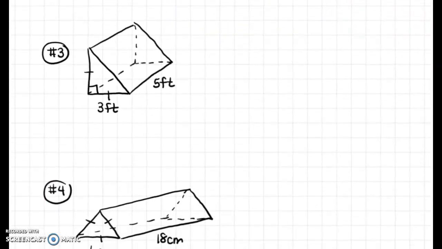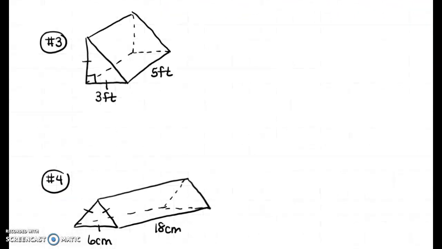All right, so here our prism looks a little bit different. Our bases are the parallel sides, so they are going to be our triangles. These two triangles look parallel. The other sides are not parallel. One nice thing about this picture is that this is an isosceles triangle, so this is also 3 feet because the markings tell me they are congruent. Again, the volume of a prism is the area of the base times the height.